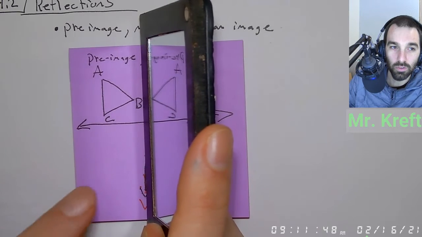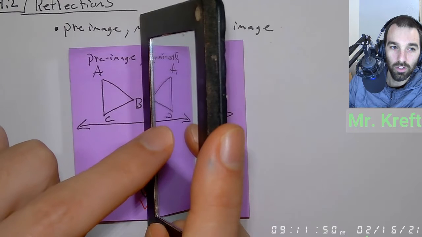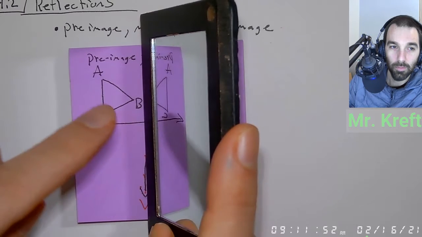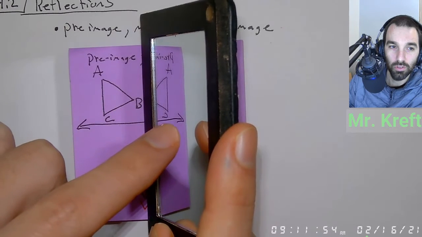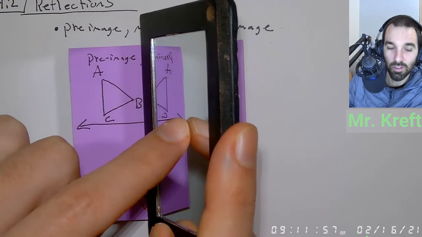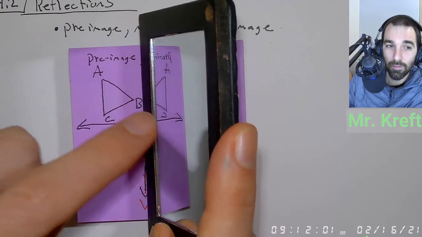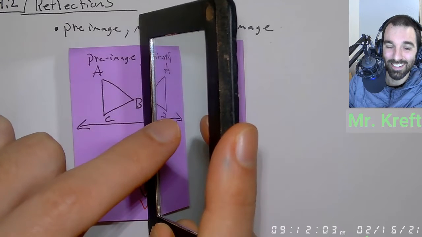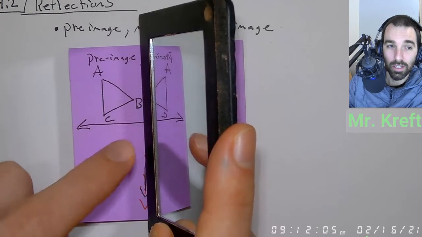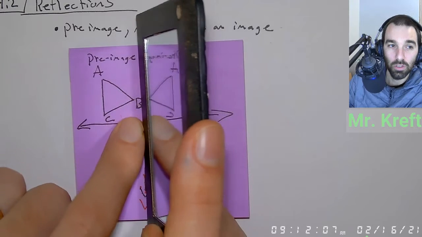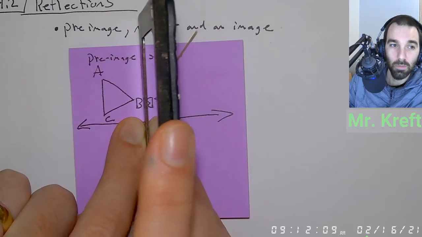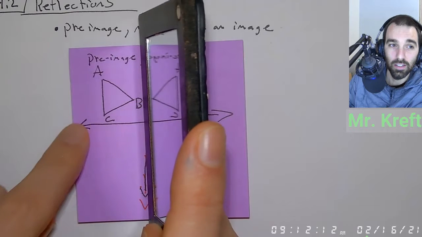Now notice, and you can see this with my finger, as I get closer to the mirror, my image gets closer to the mirror. And if I touch the mirror, I'm touching my image, right? So we have this relationship with distance to the mirror. Notice how B is really close to the mirror, so in my image, B is really close to the mirror.